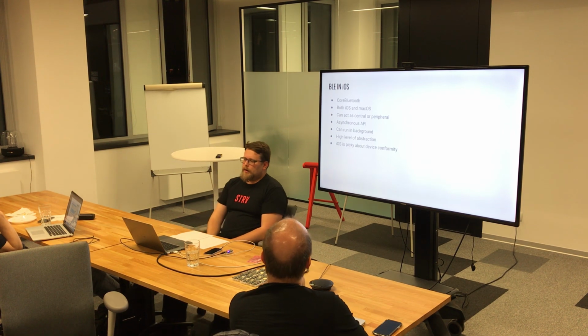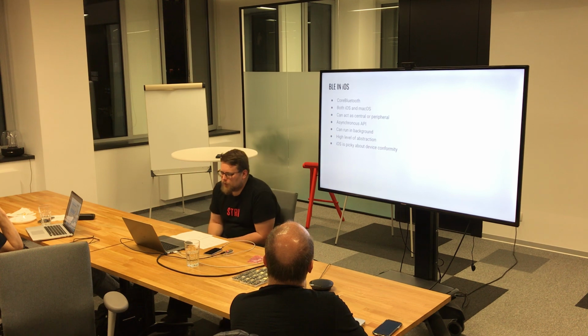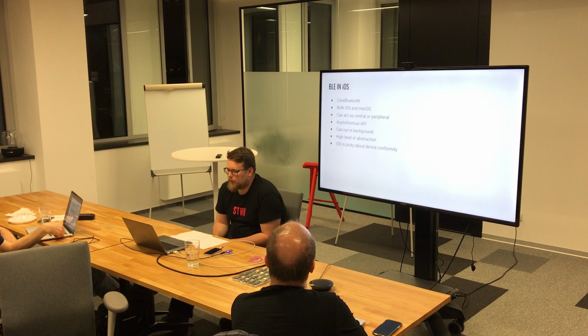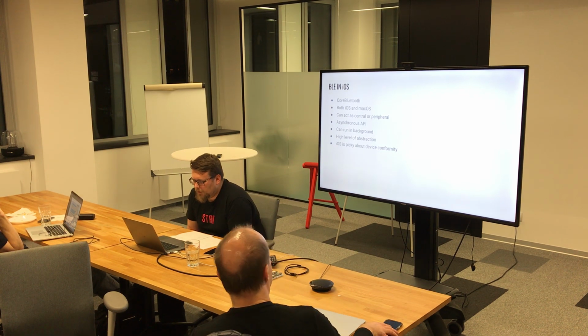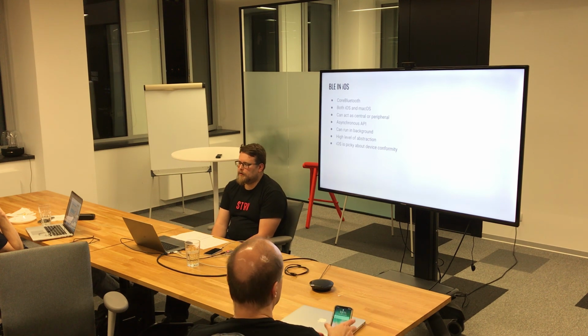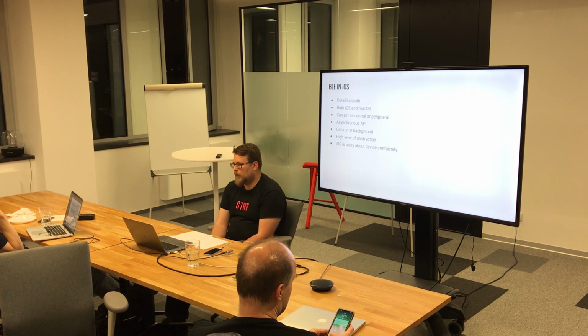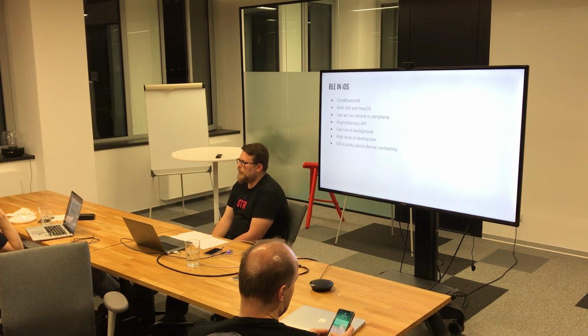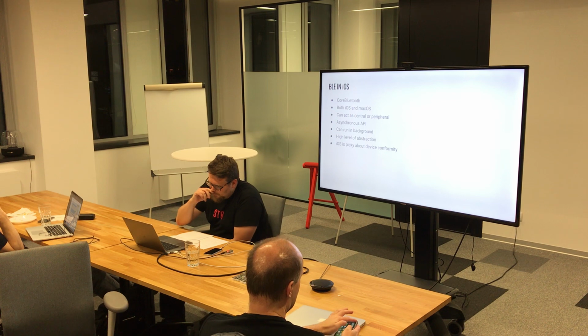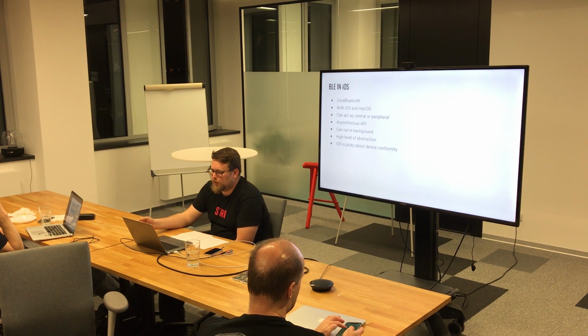So BLE in iOS, how this is handled. We have the Core Bluetooth framework, which is present both on iOS and macOS. Core Bluetooth can configure Bluetooth hardware in these devices to act as central or peripheral. So you can actually simulate some devices if you don't have an actual physical device, or you can use central to connect to various devices and get data from them.